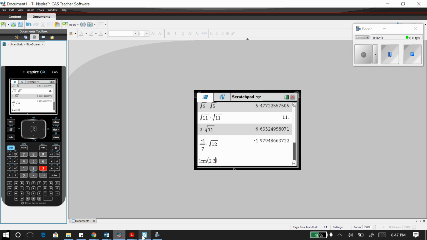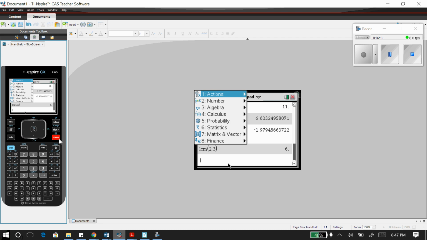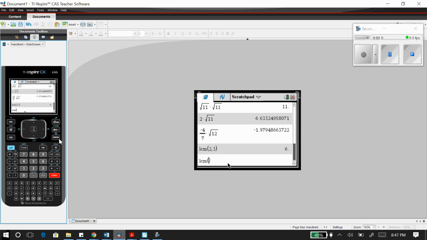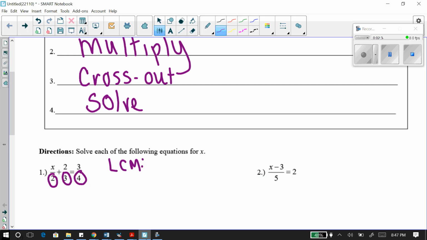Remember, it won't let us do 3 numbers together. 6. Now you take your number that you just got and keep going until you've gone through all the denominators. So now I'll take 6, 4. 12. So the smallest number that 2, 3, and 6 all go into is 12. So my LCM is 12.